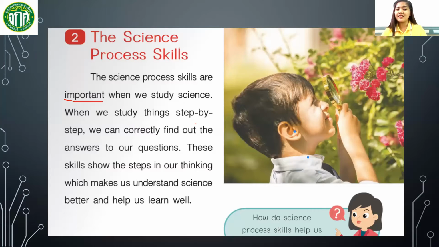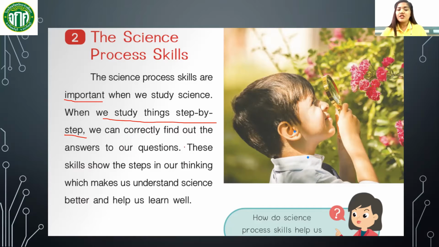When we study things step by step, we can correctly find out the answers to our questions. When we say science process skills, we are going to study things step by step, so that we can correctly find out the answers to our questions.